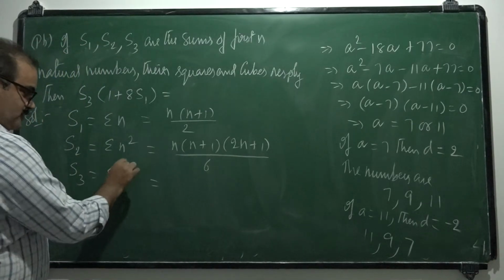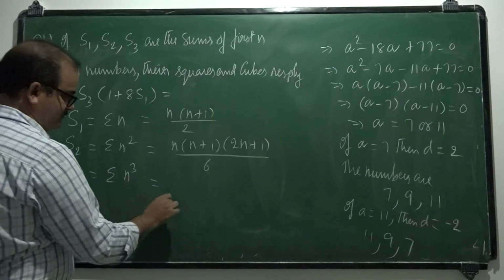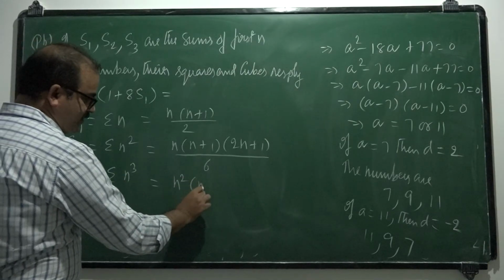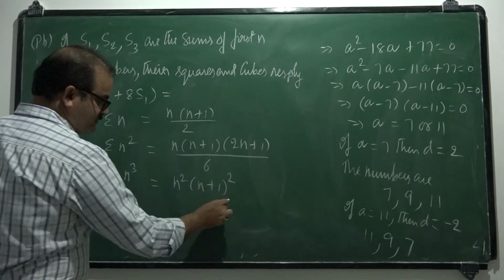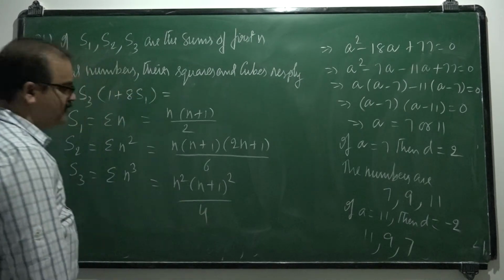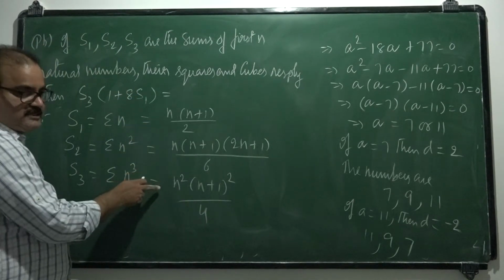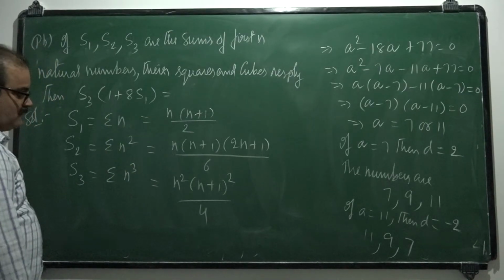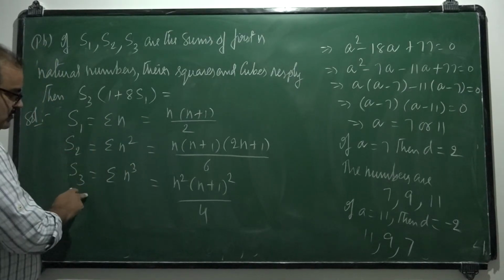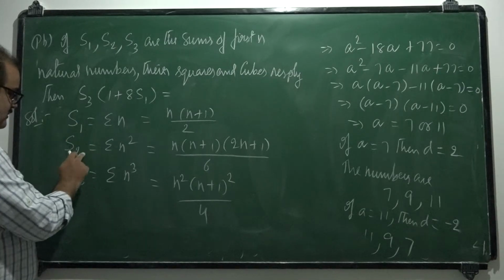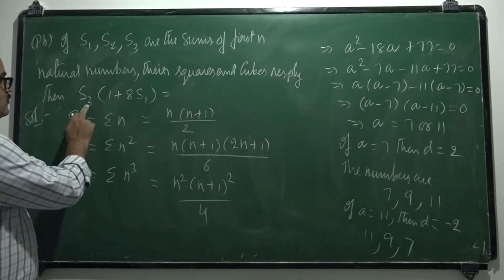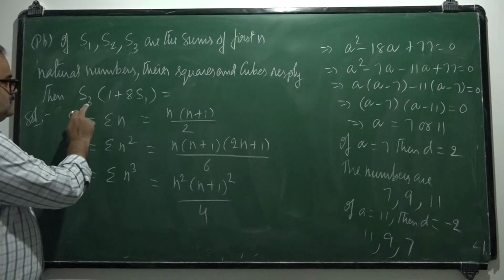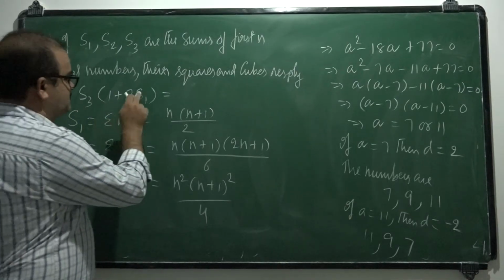Sum of the cubes of first n natural numbers, that is n square into n plus 1 whole square by 4. We prove these three results in mathematical induction also. Okay. By using these S1, S2, S3 values, we calculate this S3 into 1 plus 8 into S1.